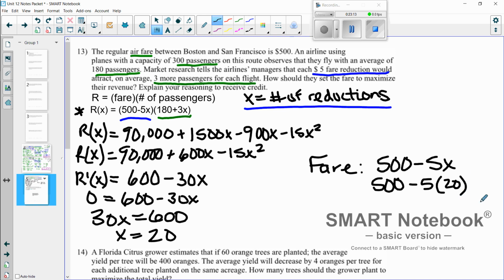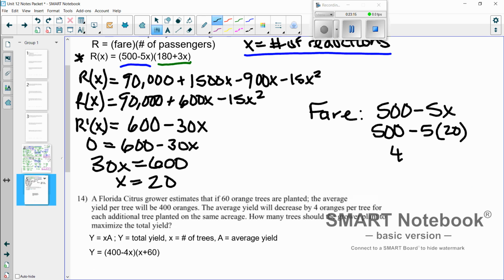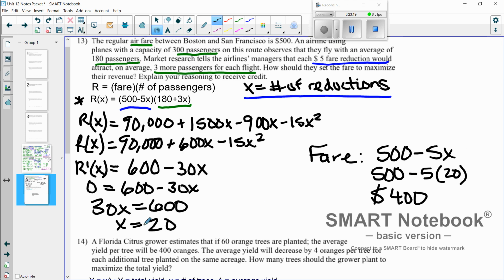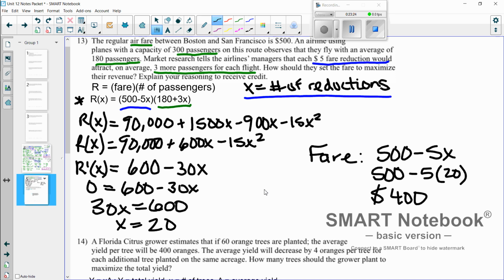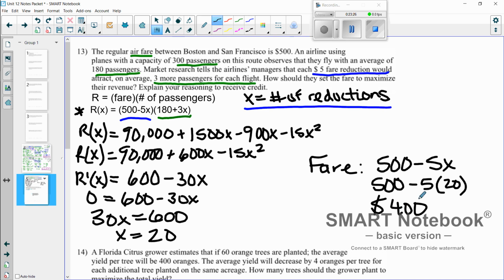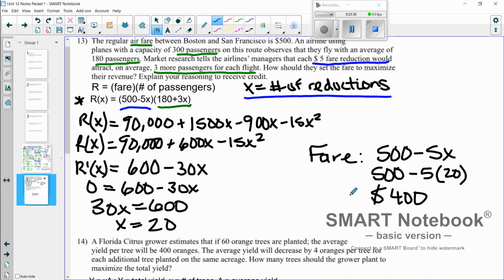So let's plug in that 20, and it looks like we're getting $400 per ticket. So the airline company should make 20 reductions, and when they do that, the maximum price of the ticket will be $400 in order to maximize their revenue.